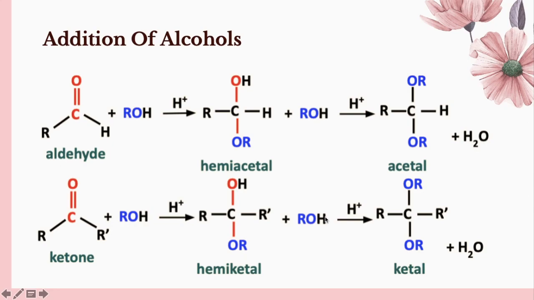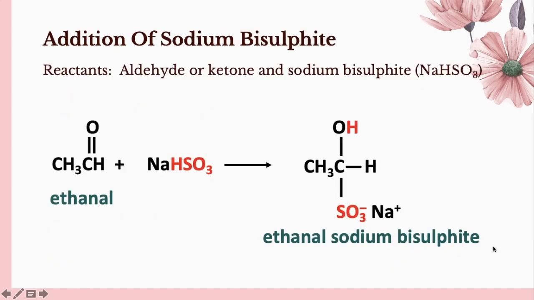Further addition of alcohol from hemiketal will make an OR group replace the OH group. So you have two OR groups, and the product is called ketal plus H2O as a side product.